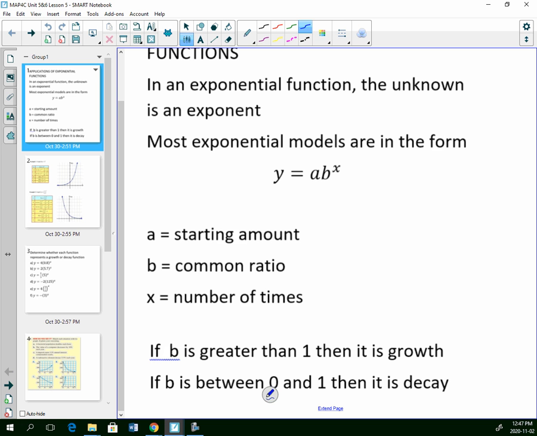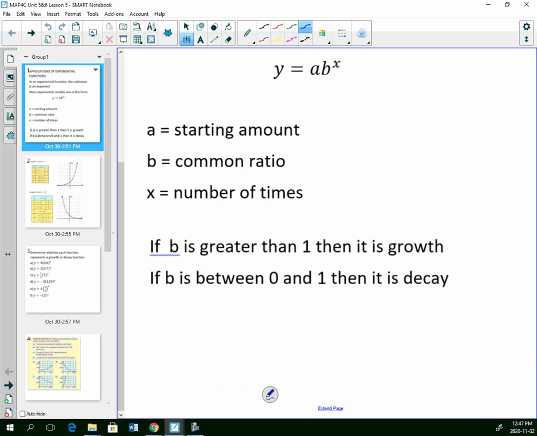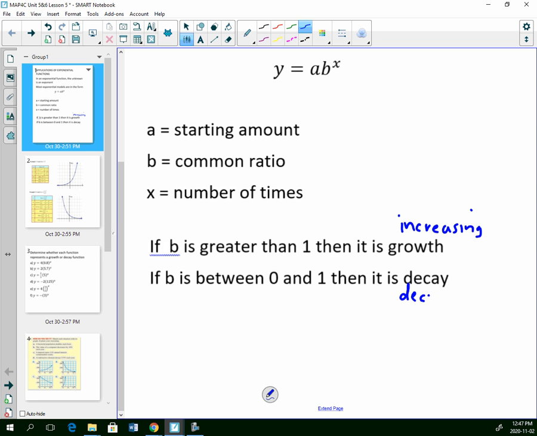The difference in the base is going to determine whether it's growth or decay. So growth meaning that it's going to be an increasing function, and decay meaning it's going to be a decreasing function. Right? It's either going to go up or down. So sometimes you'll see it like this.